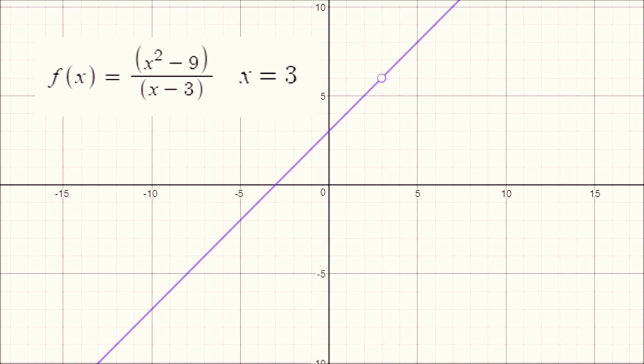So here we have a few examples. Try to determine whether the function is continuous at that point or not.